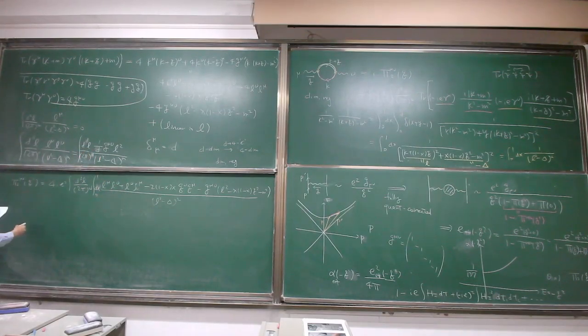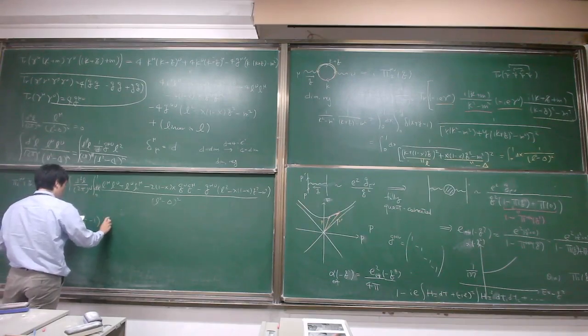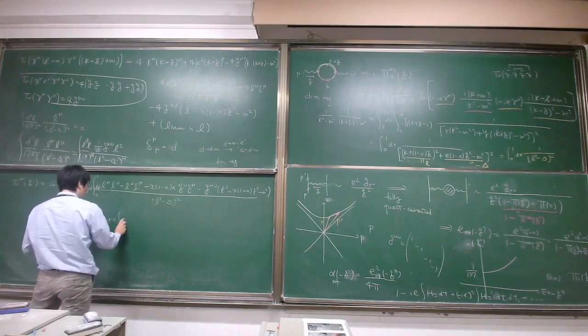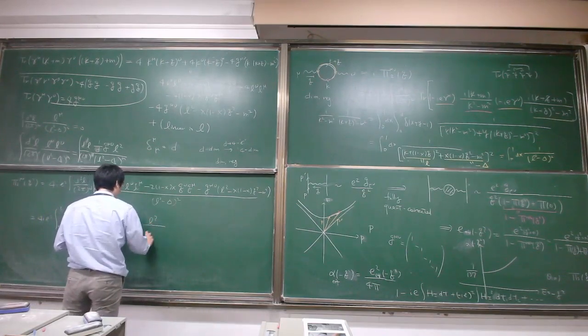And once you do that, what we have is the 3 minus d minus 1 g mu dl implies the d L square minus delta square.